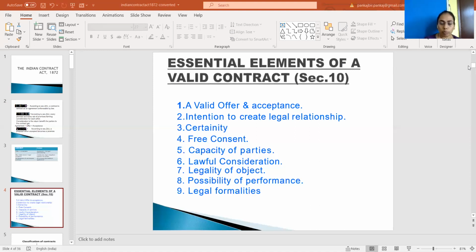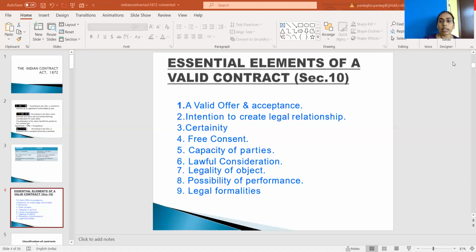So consent should be free at the time of making a contract. And for a free consent, it is said in the Contract Act that a consent is said to be free when it is not brought by coercion, undue influence, fraud, misrepresentation, or by mistake.